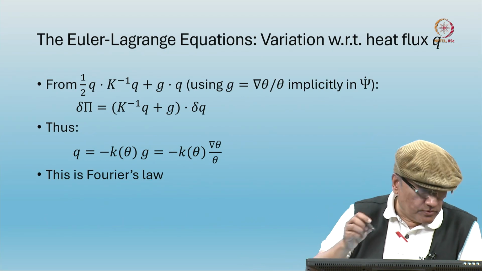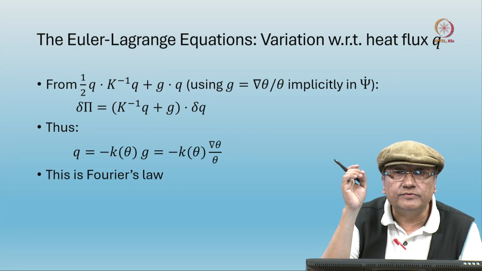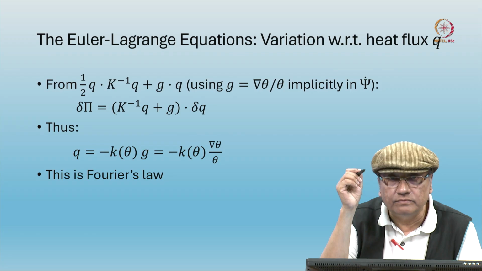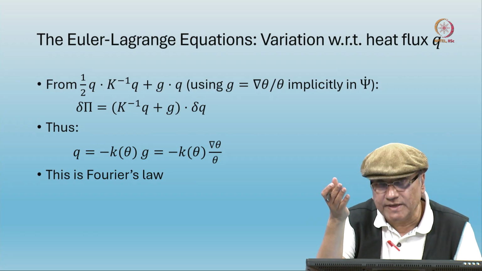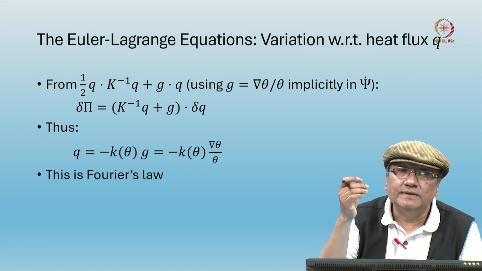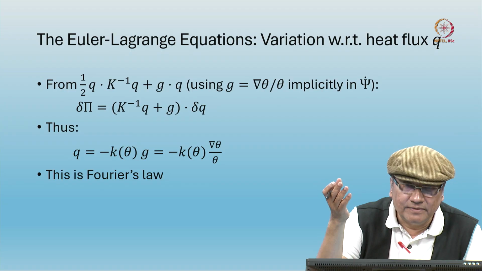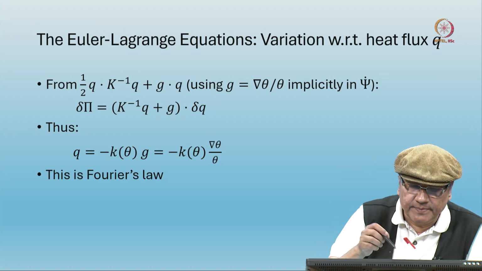Now let us also take the variation of this pi with respect to the heat flux Q. This is also pretty simple. If you take the variation of pi with respect to Q, then you expect to recover Fourier's heat conduction law. That is precisely what is happening.